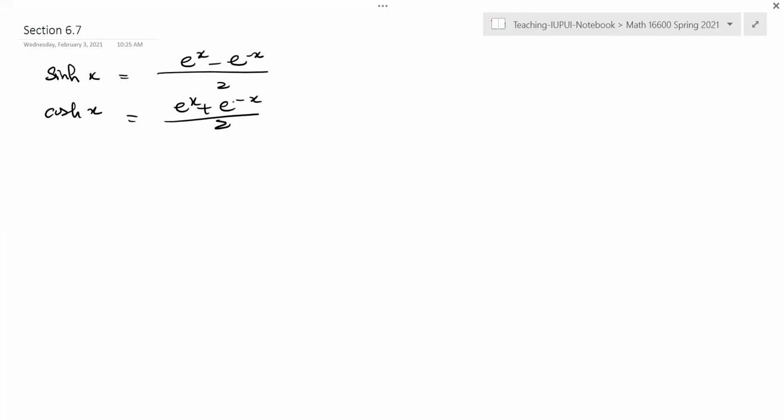And similarly, you can define hyperbolic tangent x, which is hyperbolic sine x over hyperbolic cosine x. Then hyperbolic cotangent x, and you just turn this upside down, right?